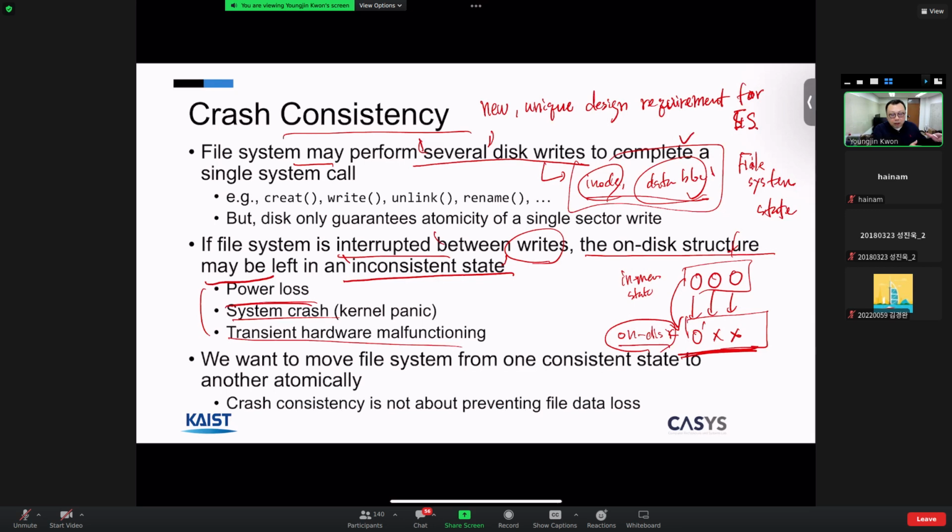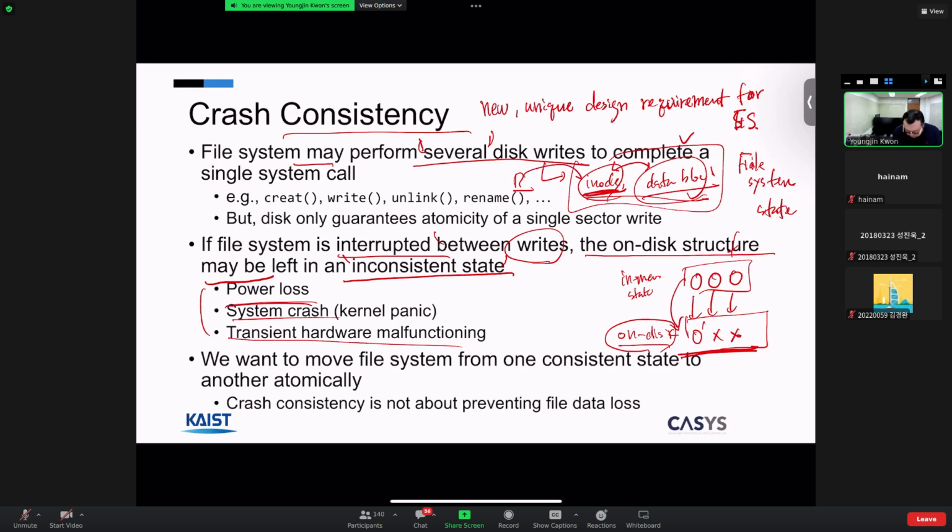If the inode bitmap says inode 1 is not allocated, then inode 1 is actually not used. Don't get confused: I'm talking about consistency between metadata states, between inode information and actual data block states, and between bitmap and inode states.